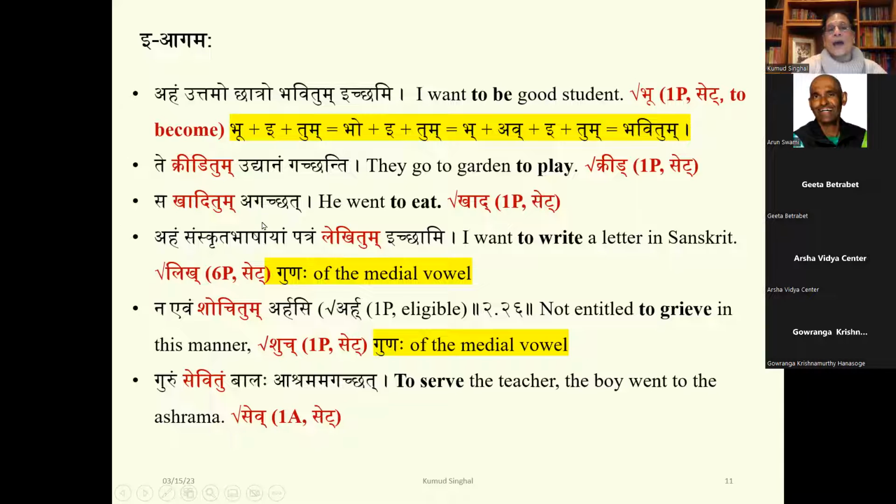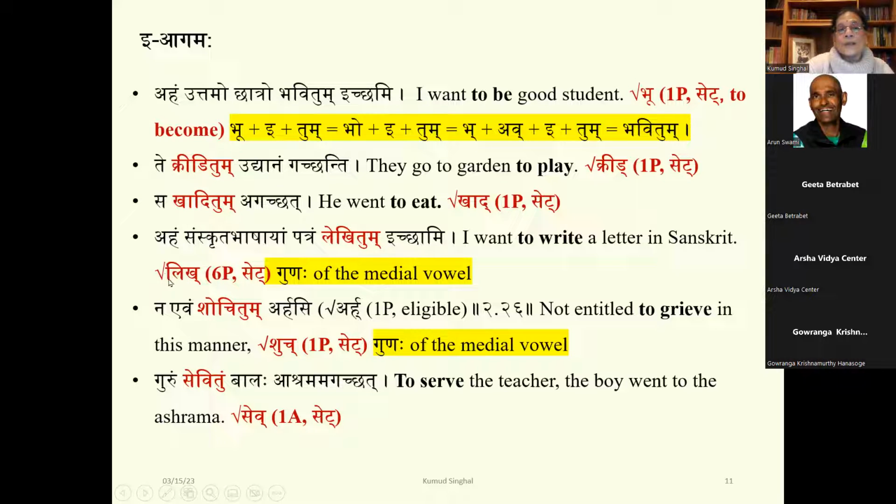Sanskrita bhashayam. This is a saptami vibhakti. Sanskrita bhasha is your pratipadikam and yam is your saptami ekavachanam. Lekhitum, the root is likh. It is a 6p. Again, it is a set. So here two things happen.